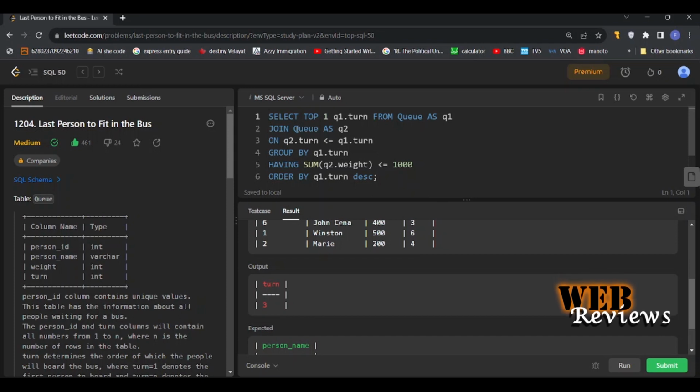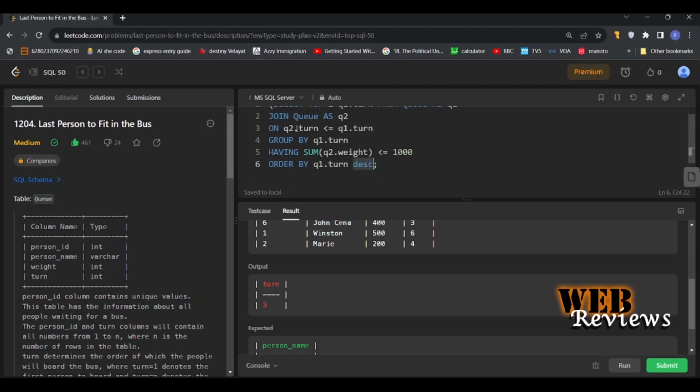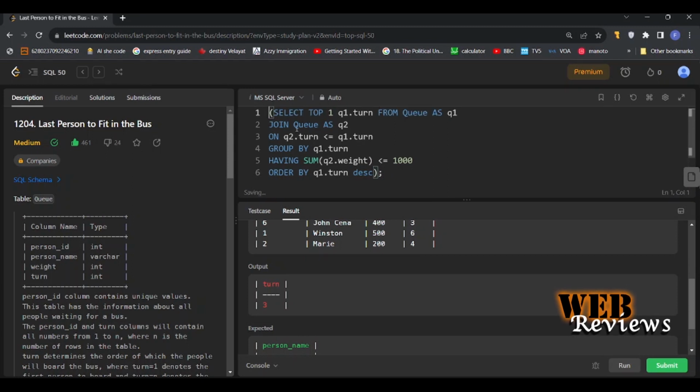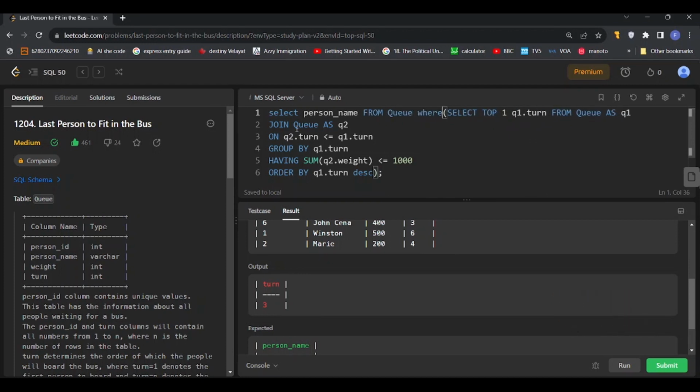So all it takes is to get the name by using another select expression, which takes the person name from Q, where turn equals the only entry, the only answer that we get from this common table expression here.